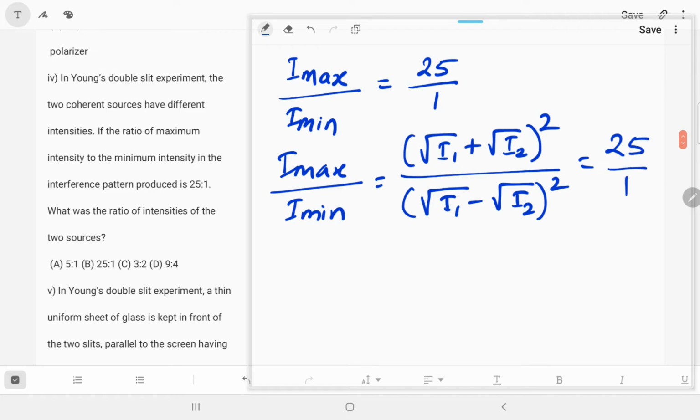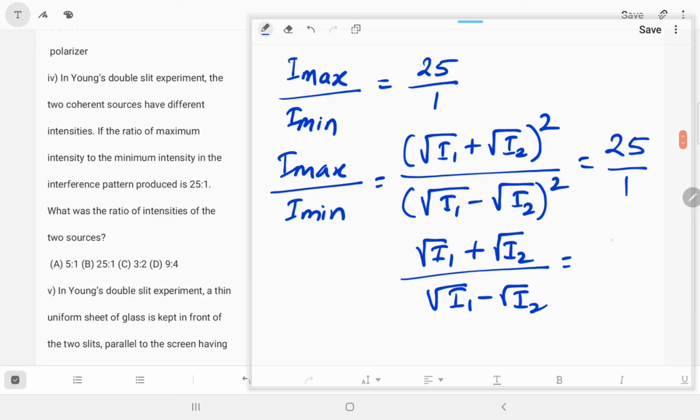So now when we take the square root, it will become (root I1 plus root I2) divided by (root I1 minus root I2) is equal to 5/1.